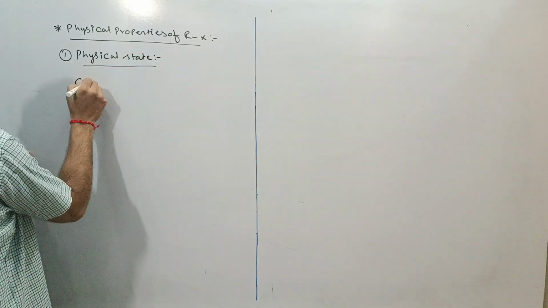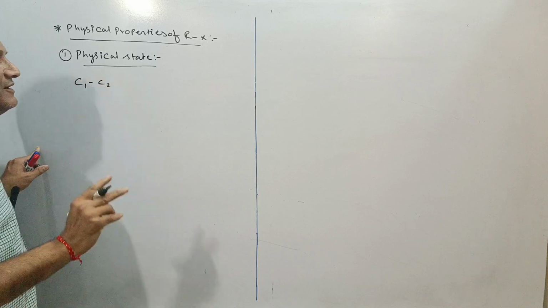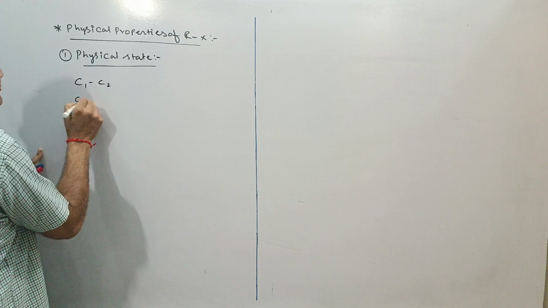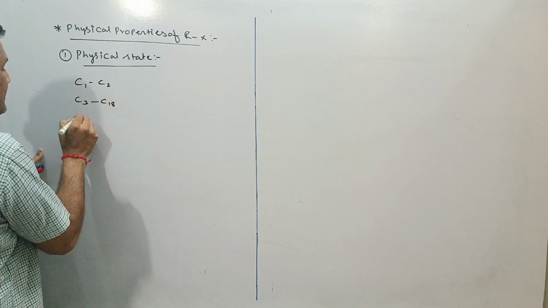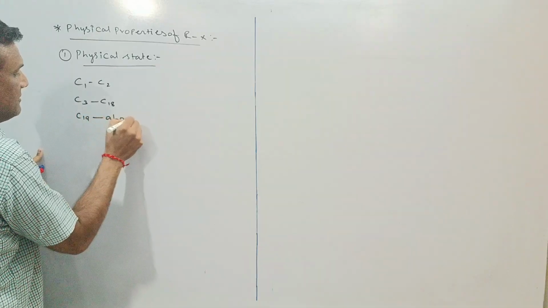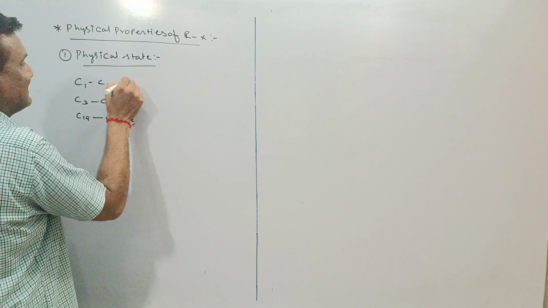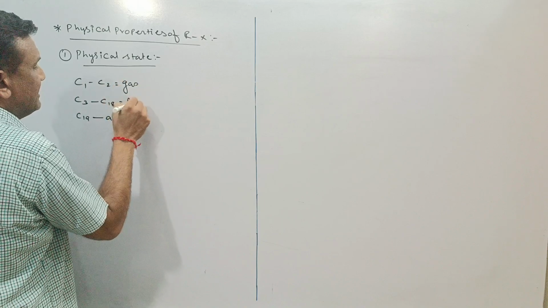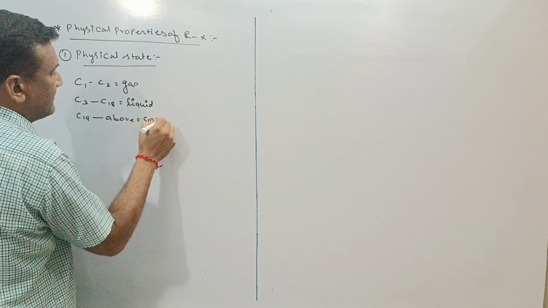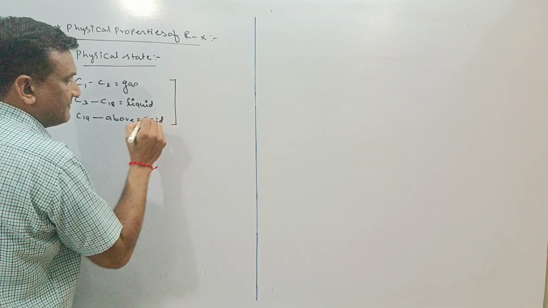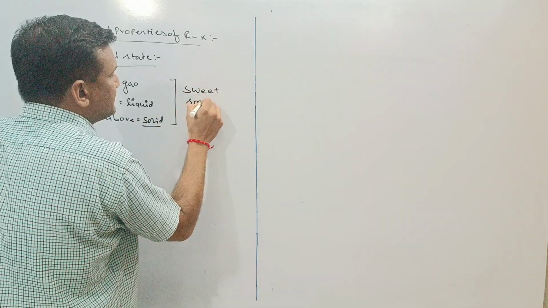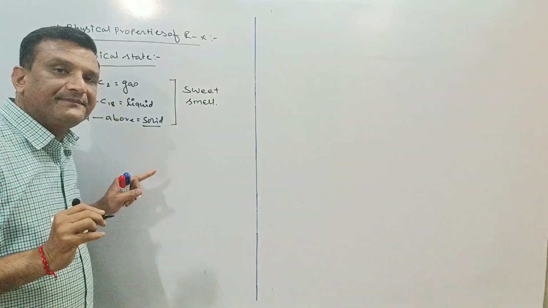If we go with the physical state, then C1 to C2, meaning one-carbon or two-carbon haloalkanes, are gases; C3 to C18 are liquids; and C19 and above are solids, with a sweet or pleasant smell.